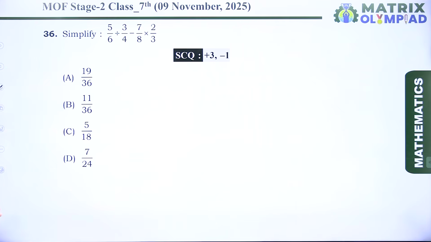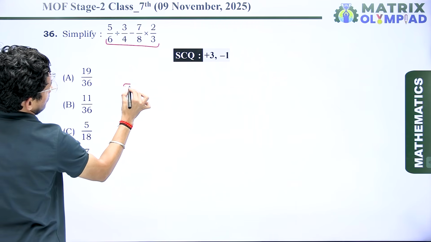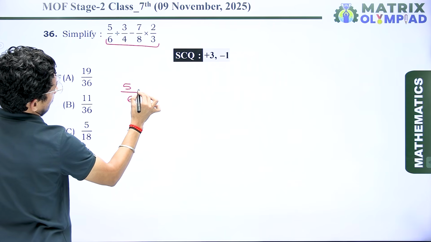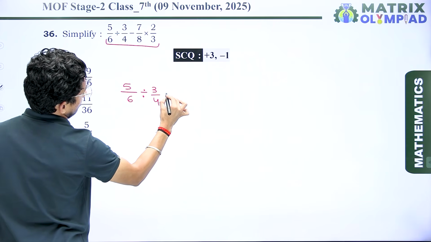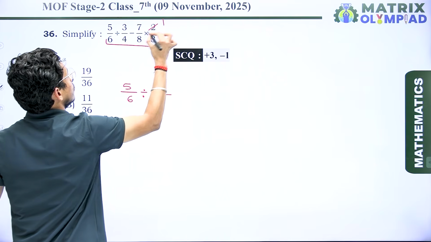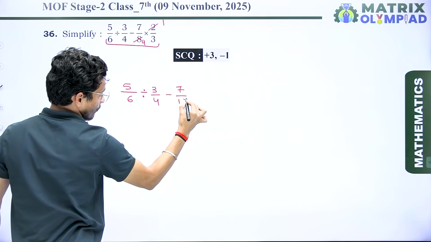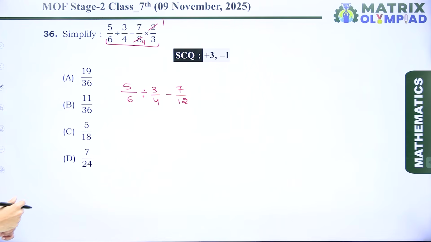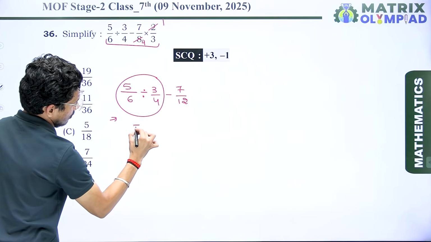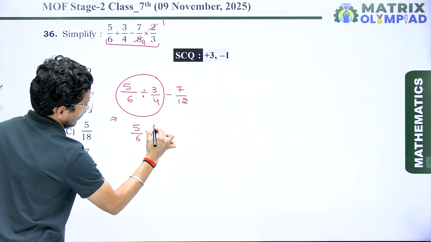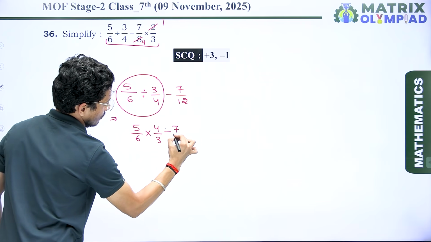Now the next question: we have to simplify this one. 5/6 divided by 3/4 minus 7/12. First we simplify using the BODMAS rule: 5/6 multiply 4/3 minus 7/12.